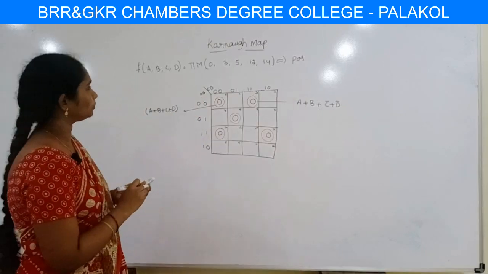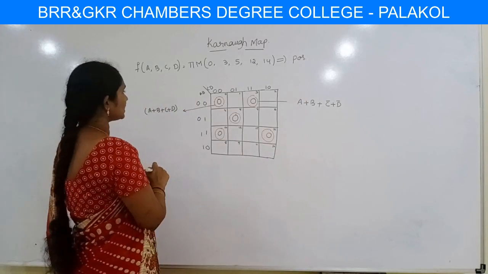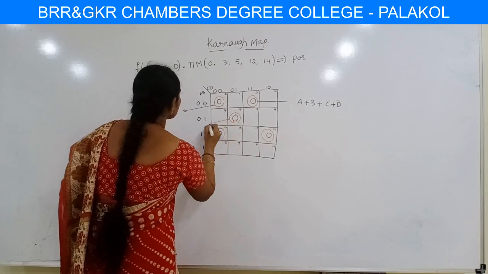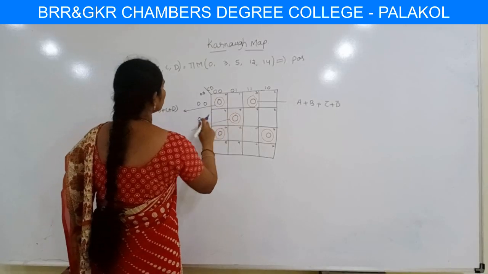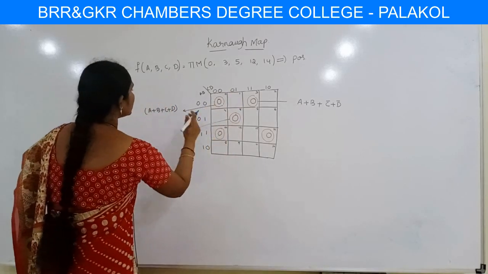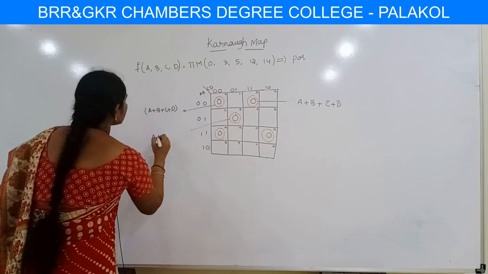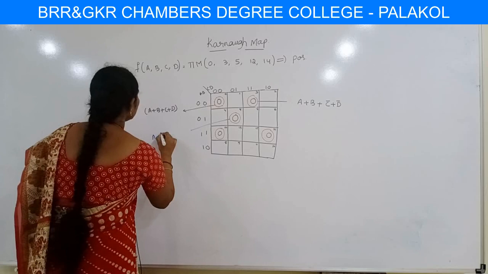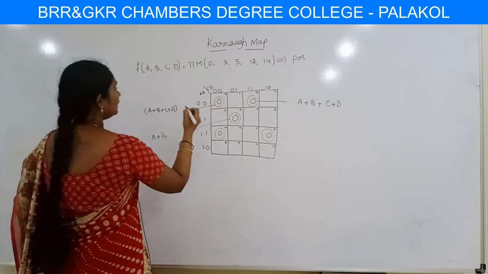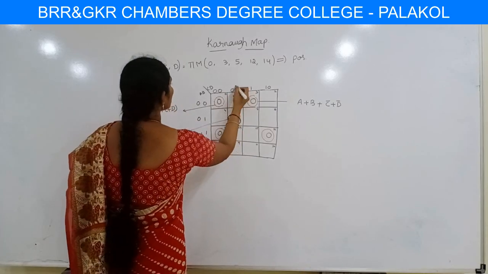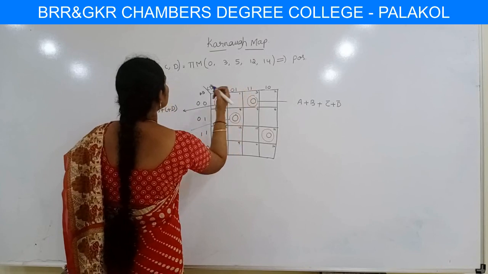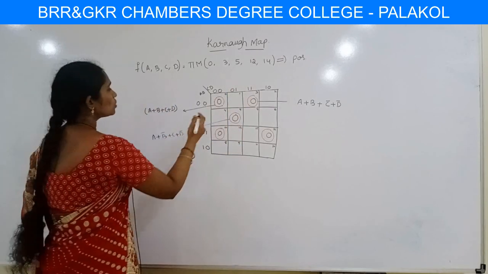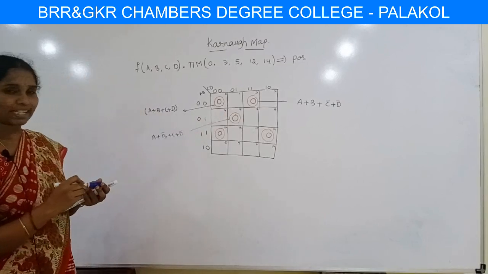Next loop: we consider A, B. This is A plus B bar, since 1 is represented with a bar. Coming to this one, C is 0 and D is 1, so C plus D bar. This is one expression.